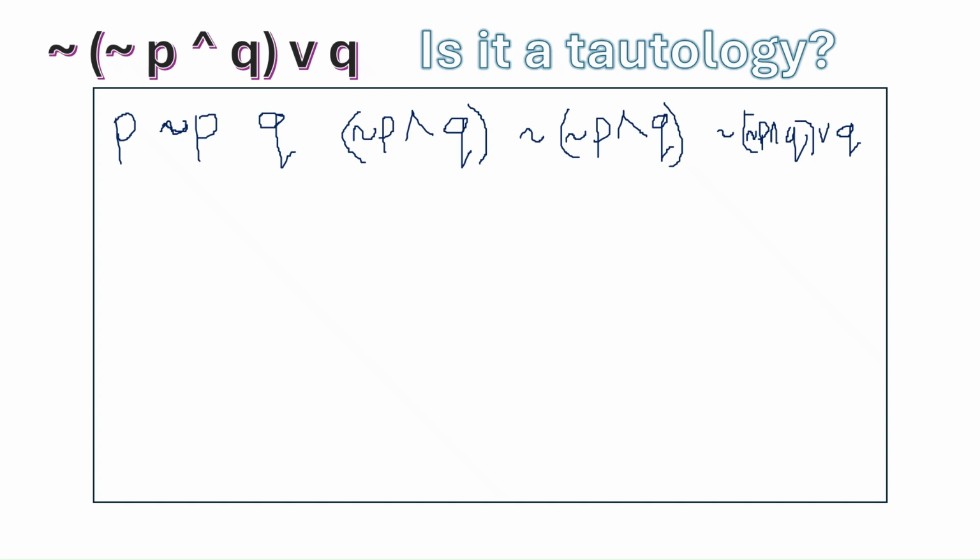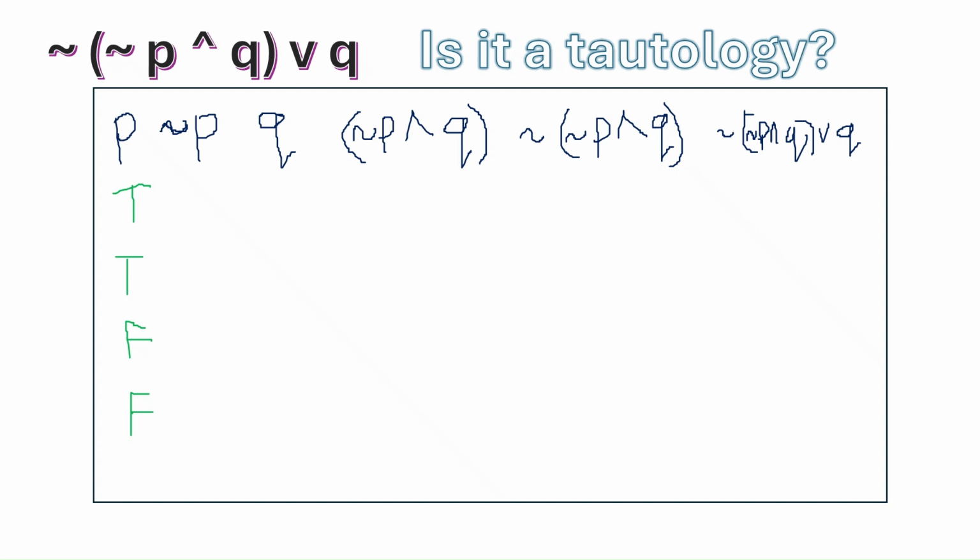The first thing we're looking for is our values. If you recall the truth table videos, you would remember that the P and Q values are fixed. So your P is true, true, false, false.